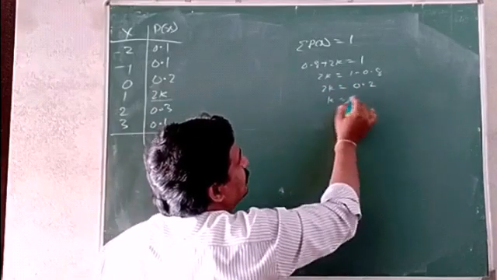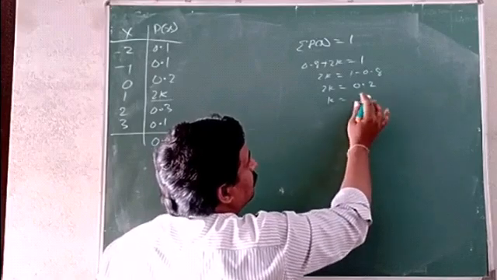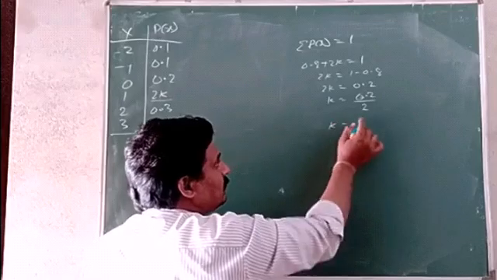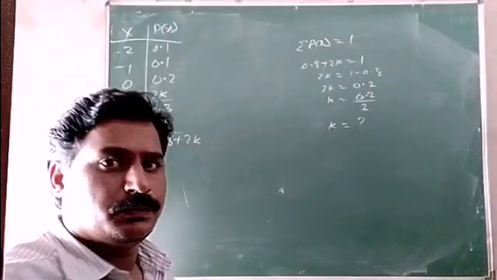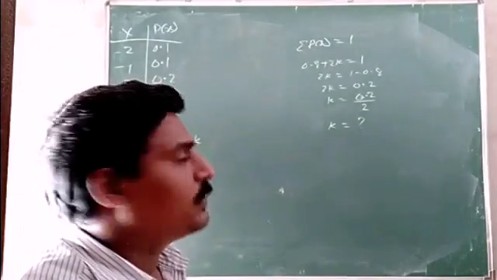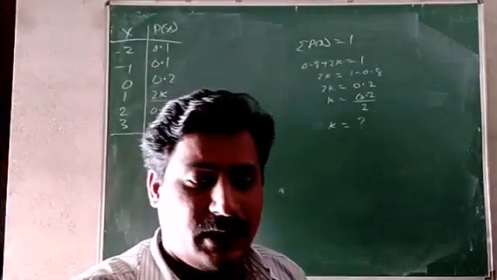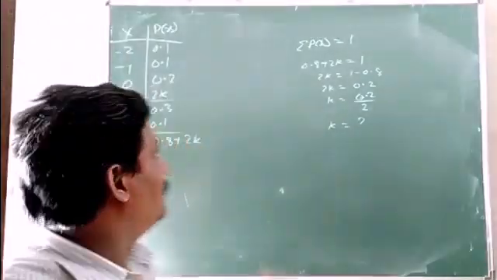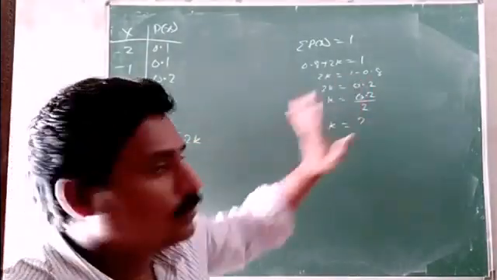So k is equal to 0.2 divided by 2. So k is equal to how much? 2k is equal to 0.2. So what is the value of k? They have asked here the value of k. So 2k, that is the missing probability, is 0.2.